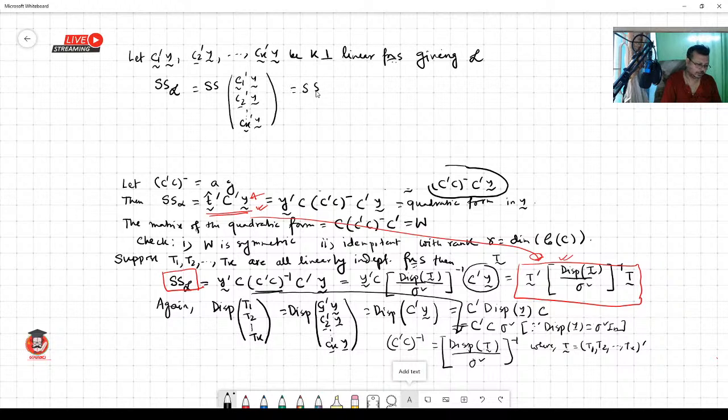So this is equal to SS due to C prime y curl, where C equals C1 curl prime, C2 curl prime, CK curl prime. Okay.